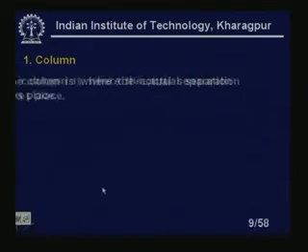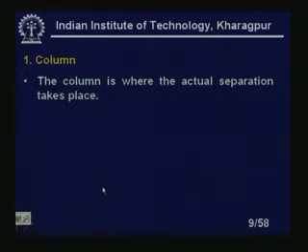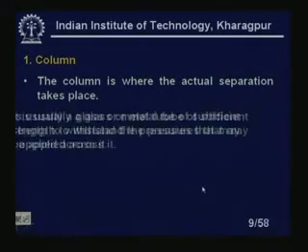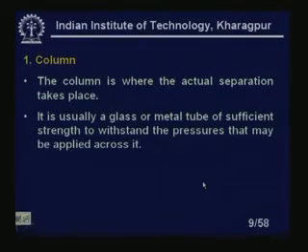Column. What is a column? The column is where the actual separation takes place. Initially all the mixture goes inside, and it is retained depending on its properties, so it elutes one after another. It is usually a glass or metal tube of sufficient strength to withstand the pressures that may be applied across it.